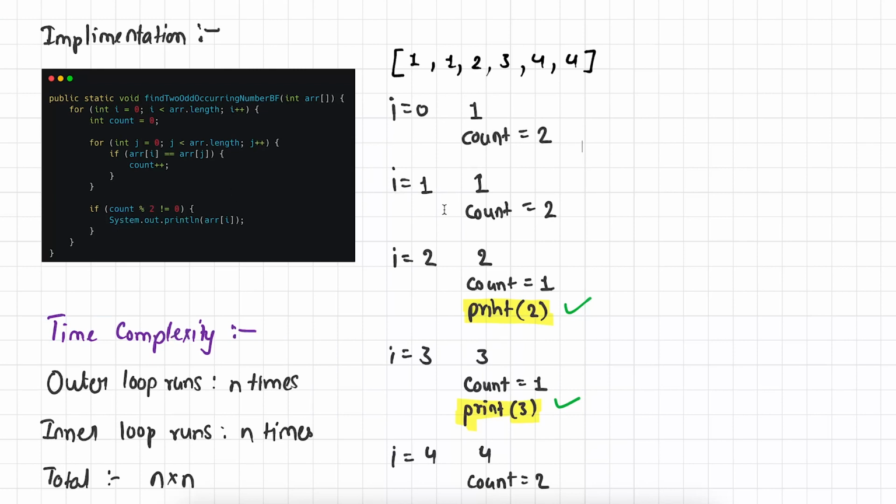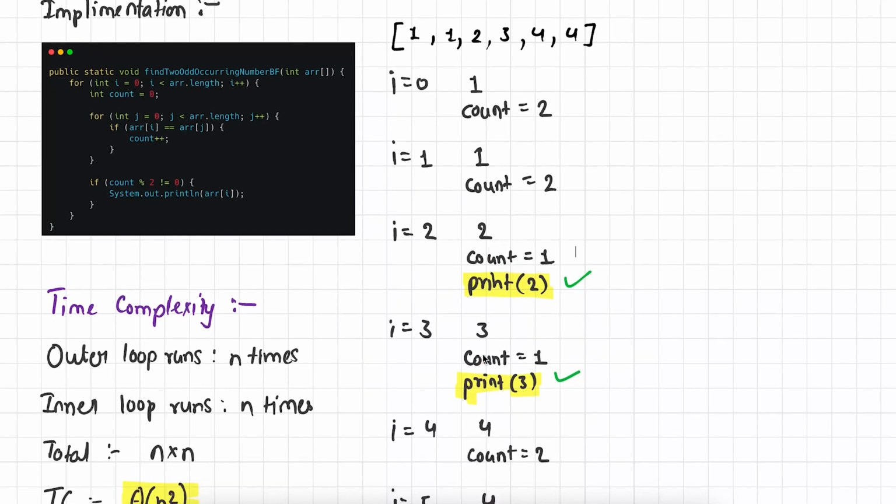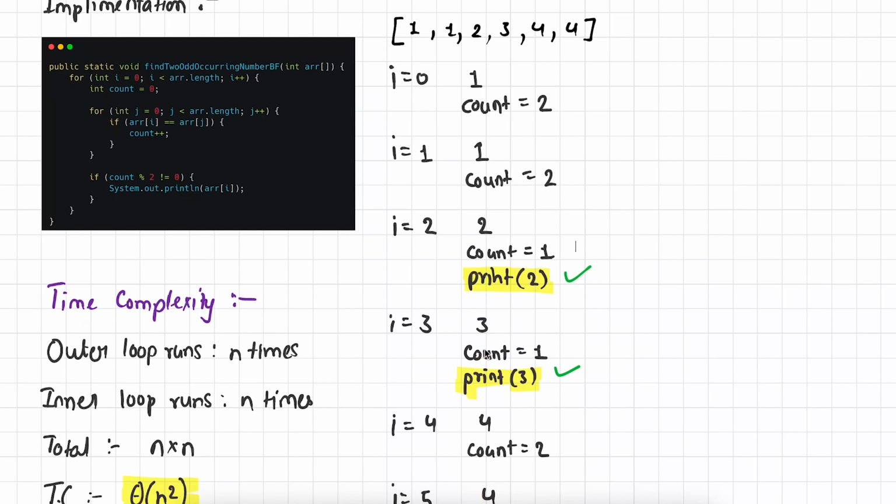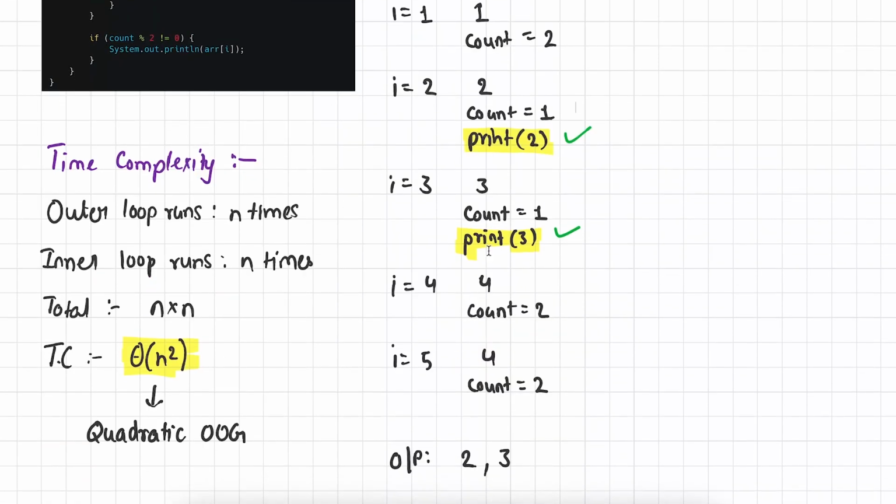In the second iteration, we do the same thing. In the third iteration, when i becomes 2, the element at index 2 of this array is 2. This time when we count the occurrences of 2, we get 1, and 1 is an odd number, so we print 2 on the screen. We follow the same steps for the other elements also. So in this array, we are going to get 2 and 3 as output.